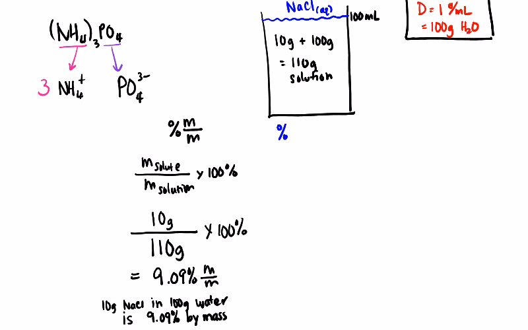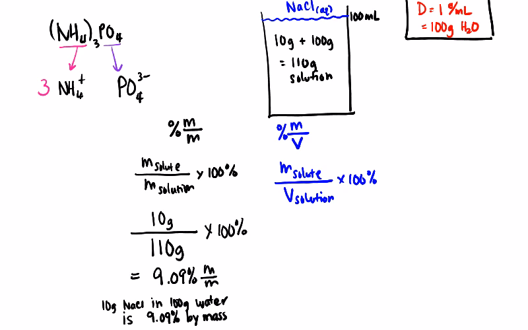The second way you can express concentration is you can take the mass of solute and calculate the percentage in terms of the volume of the solution in milliliters. So the mass of the solute that we have, remember, we had 10 grams of salt. And in this case, we are trying to get a percentage of that mass in terms of the total volume.